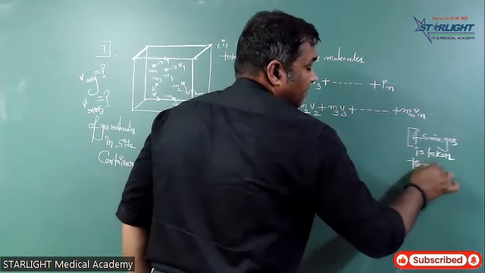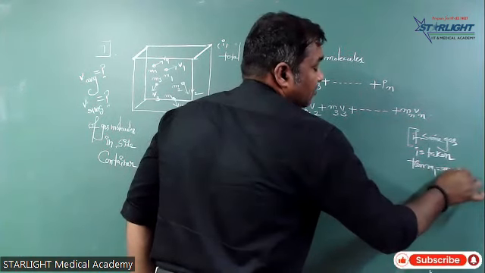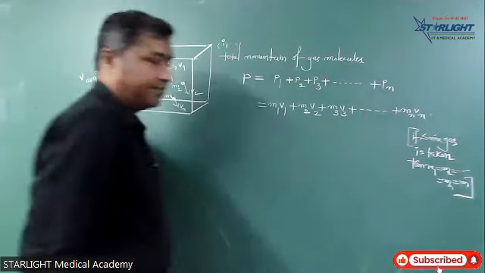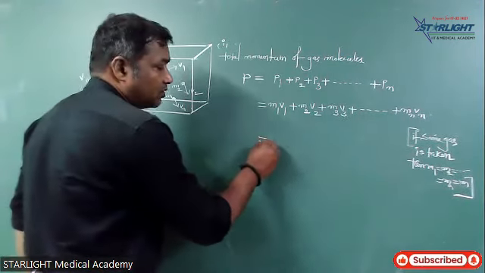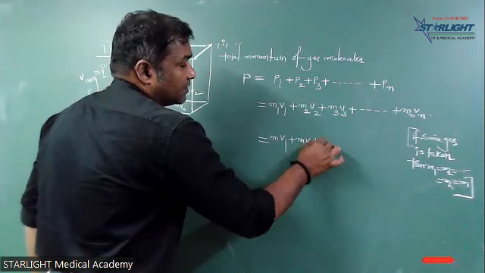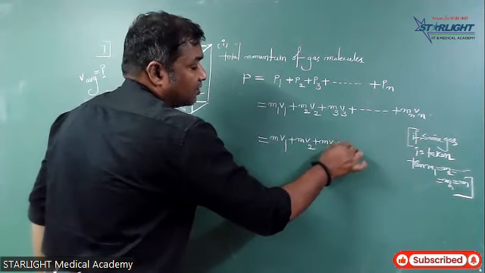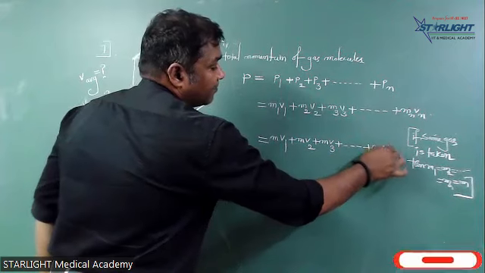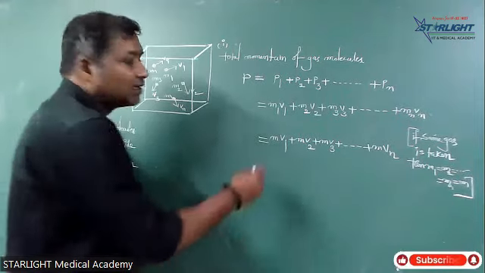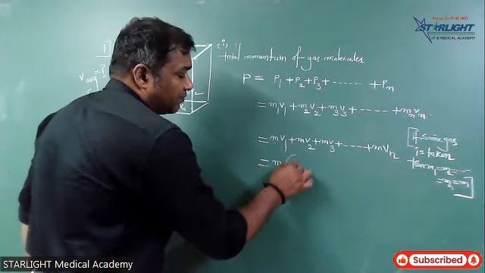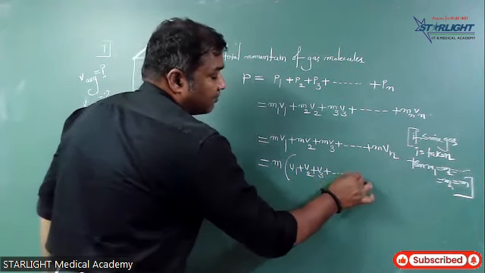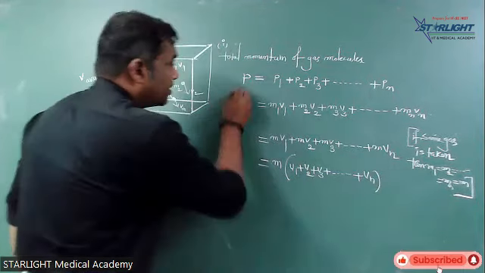Then M1 is equal to M2 is equal to so on, Mn is equal to M. All are M. So MV1 plus MV2 plus MV3, all are the same molecules, plus so on MVn. What is common? M is common. M times V1 plus V2 plus V3 plus and so on plus Vn. What about this P?